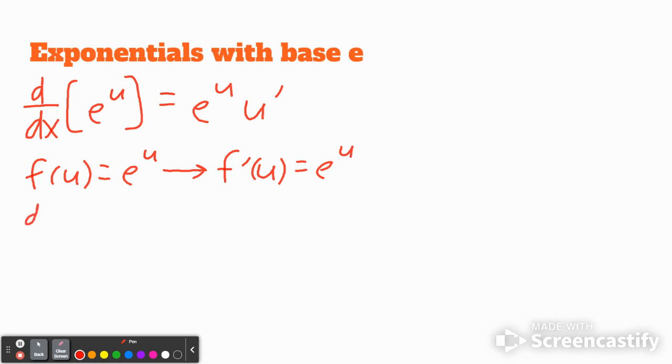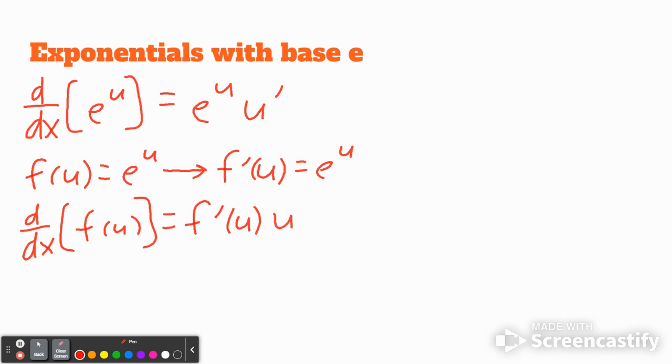So applying the chain rule, the derivative of f of u is equal to f prime of u times u prime. And we just found that f prime of u is e to the u. So this is just equal to e to the u times u prime. So that's where this comes from.